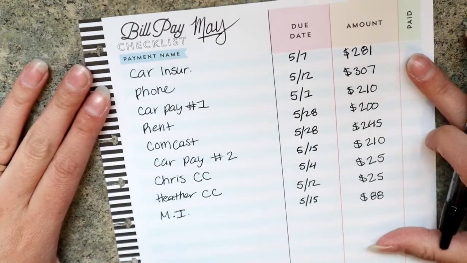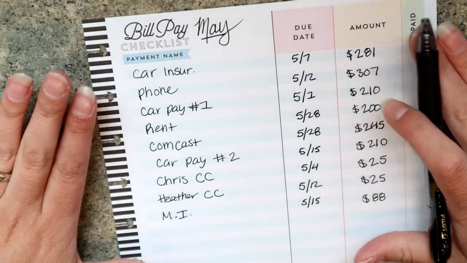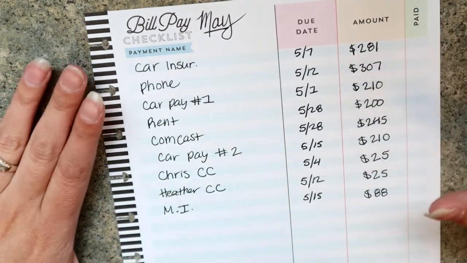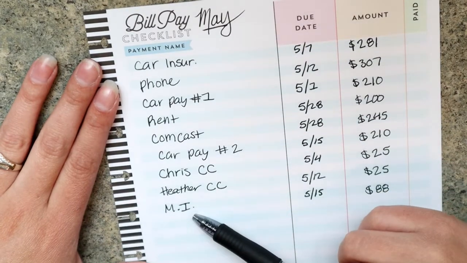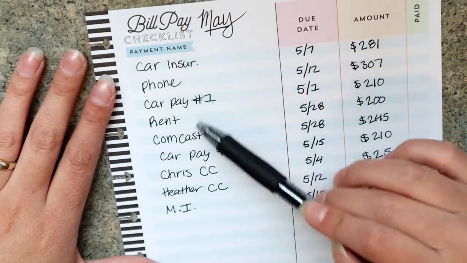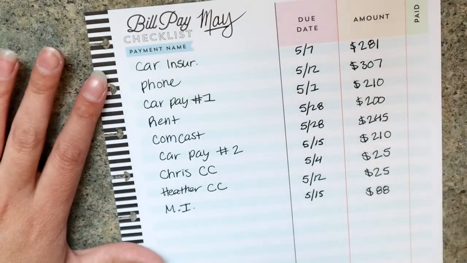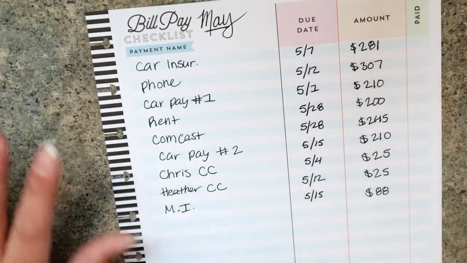But yeah, I just wanted to kind of show you how I listed out all of my bills, because some of them, like credit cards and my husband's motorcycle insurance, come out automatically. A lot of these things I pay over the phone, things like that. So those things stay in my account at all times.